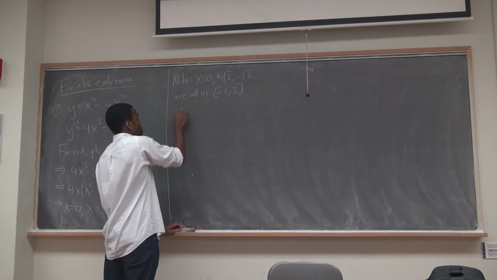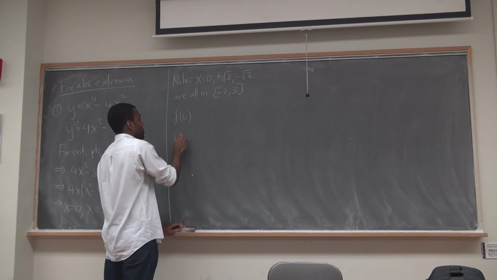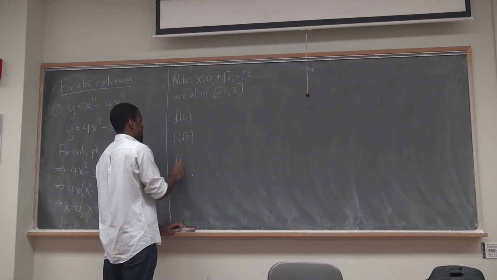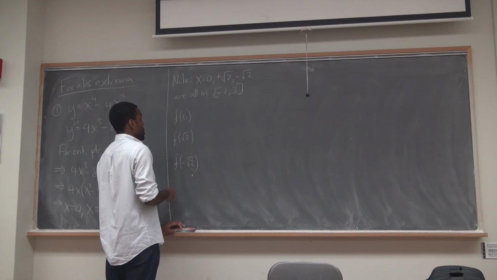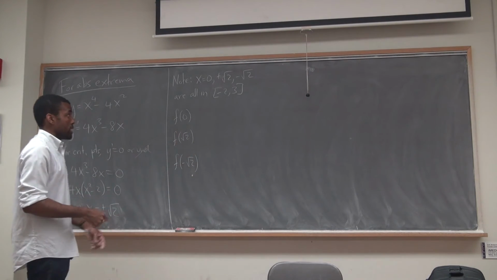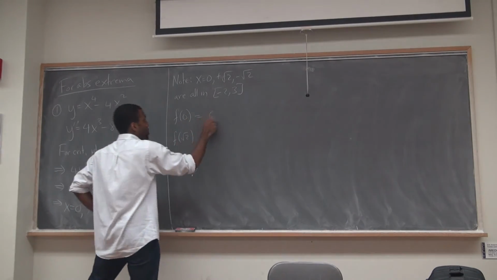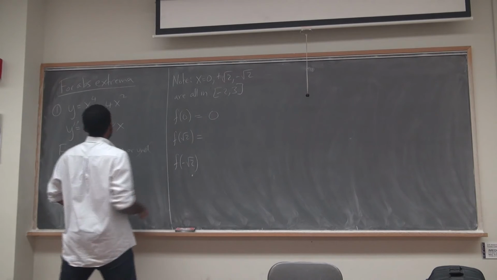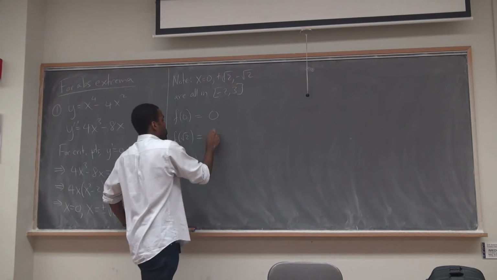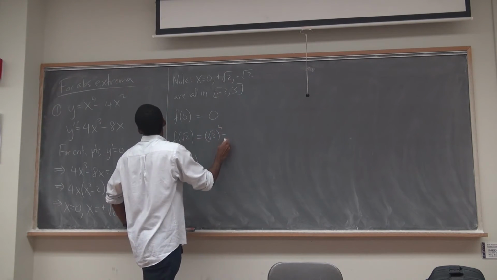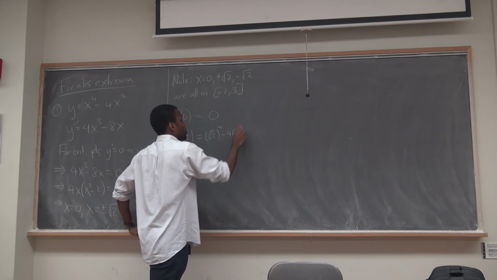So what I'm going to do is evaluate f at all those points in the original function. Remember, it's the y value that we're after. So f of 0 in my original function is just 0. F of radical 2, plug into the original function, I get radical 2 to the 4th minus 4 times radical 2 squared.